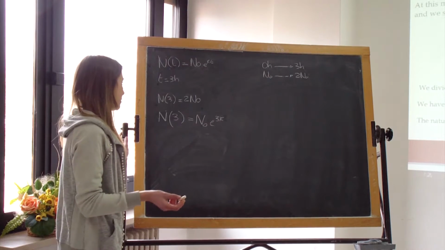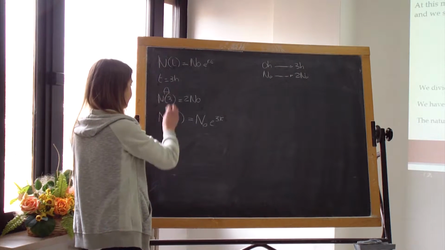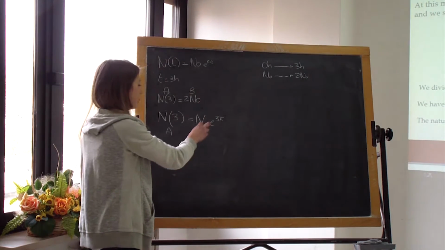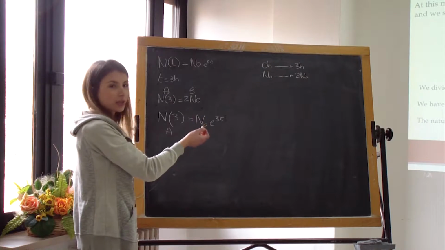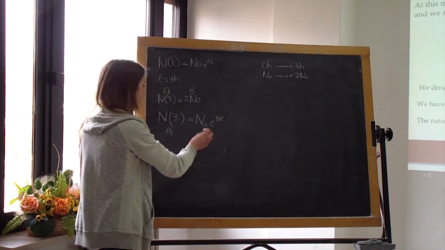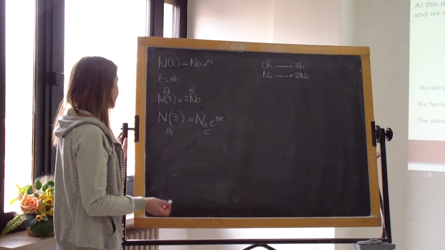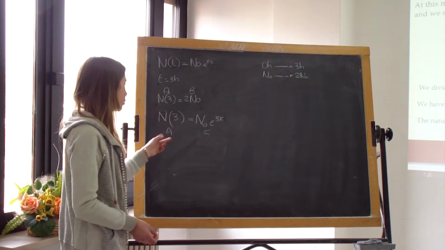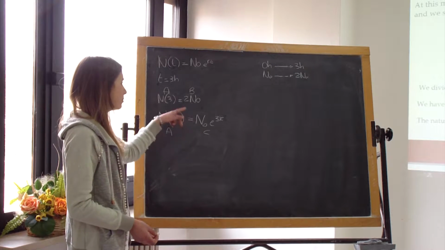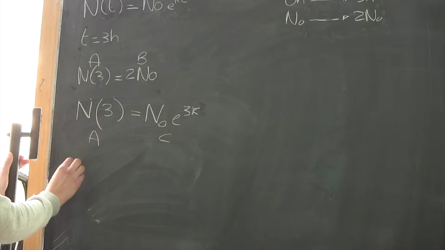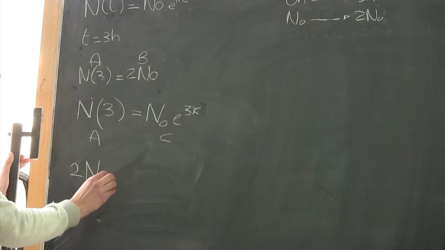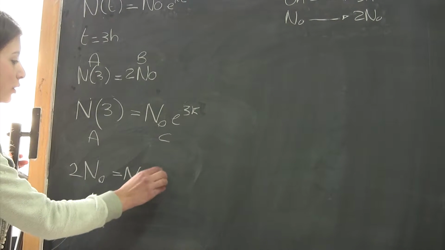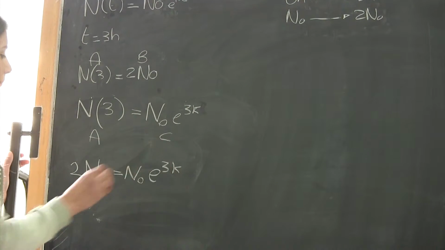Now we name N of 3 A, 2 times N naught B, and N naught times e to 3 times k C. And we see that A is equal to B, but A is also equal to C. So we can equalize B to C, and write that 2 times N naught is equal to N naught times e to 3 times k.